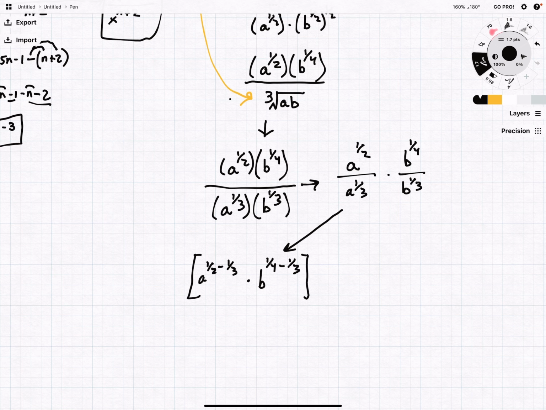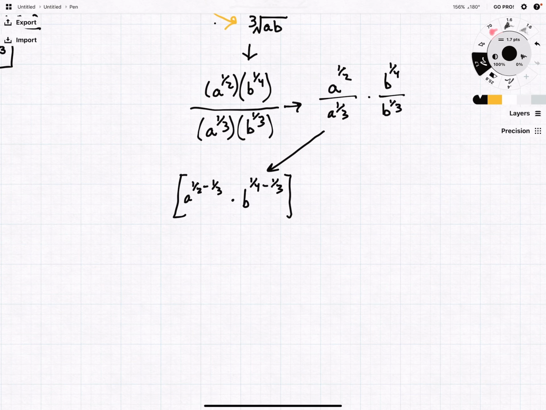So let's go ahead and get a common denominator. Now we have A to the 3/6 minus 2/3. So that's our A term, times B to the, well, let's see, with the denominators 4 and 3, our common denominator is going to be 12. So we'll have B to the 3/12 minus 4/12.